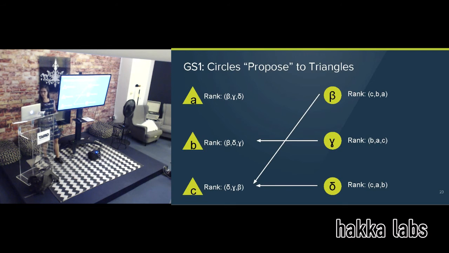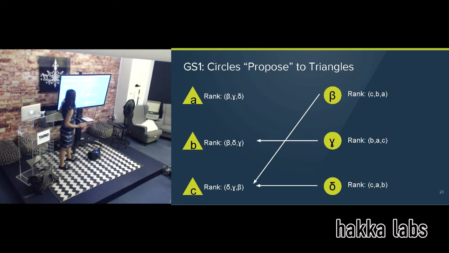Then you pick a side that proposes to the other. Unfortunately, only one side gets to propose. In this case, the circles are proposing to the triangles. In the first round, each of the circles is going to propose to its best. It's going to go for the goals, like I want the best I can get. And then the triangle, if it has anyone proposing to it, will pick the best of its suitors.